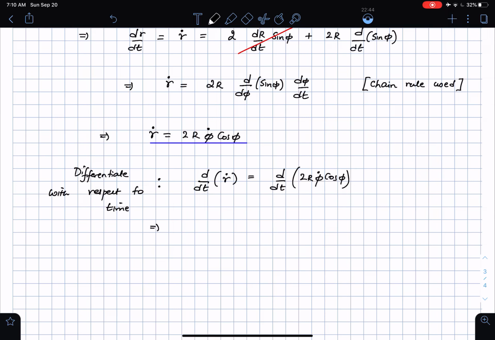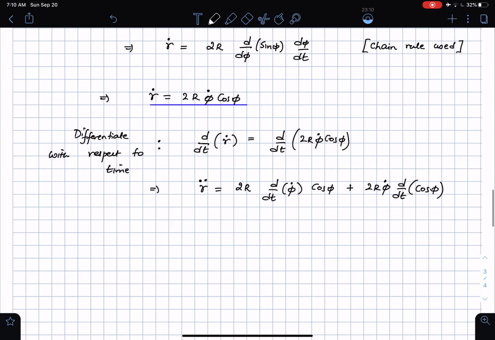D by dt of r dot is r double dot. Okay, and then I'm going to use the product rule and then the chain rule. So 2r is a constant, so I'm just going to bring that out. So this is going to be d by dt of phi dot times cosine phi plus 2r phi dot d by dt of cosine phi.